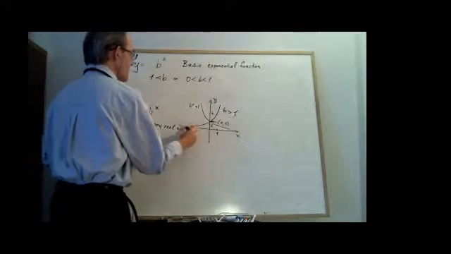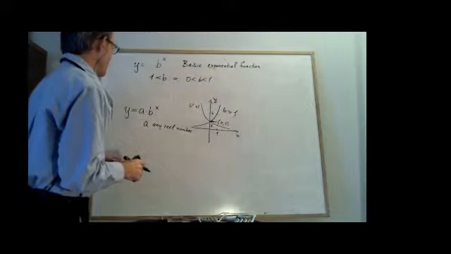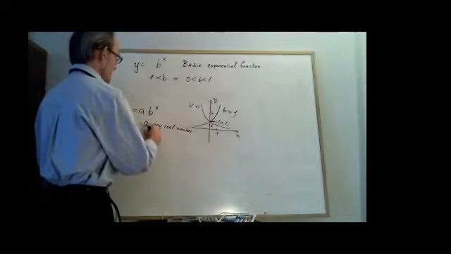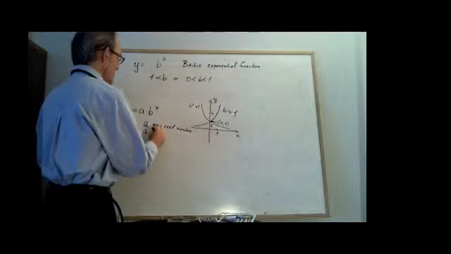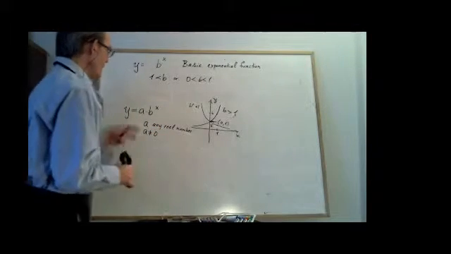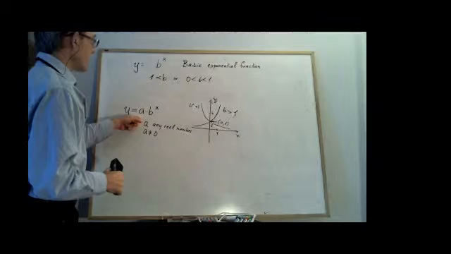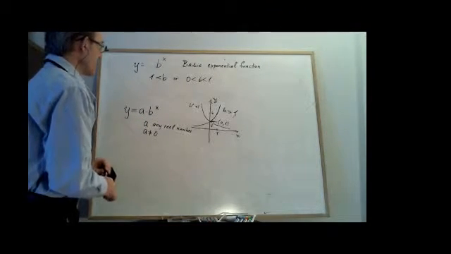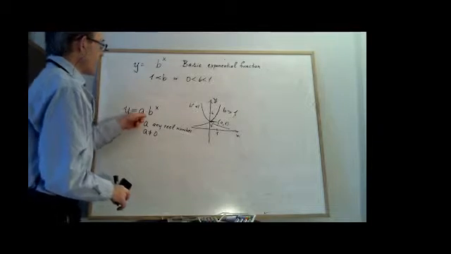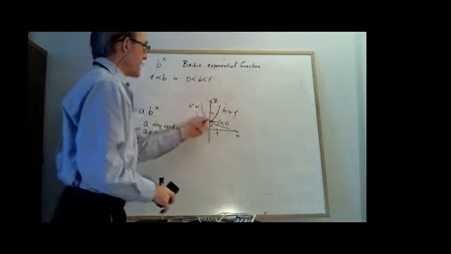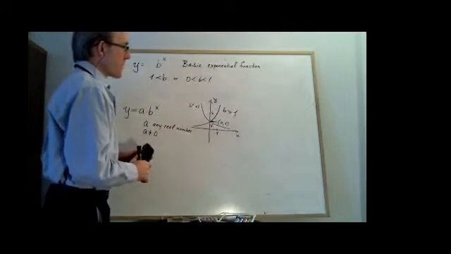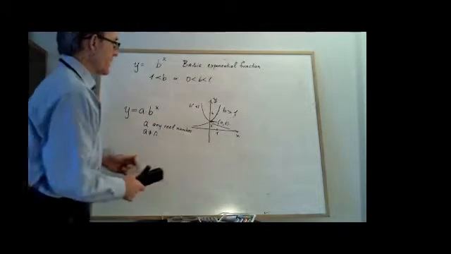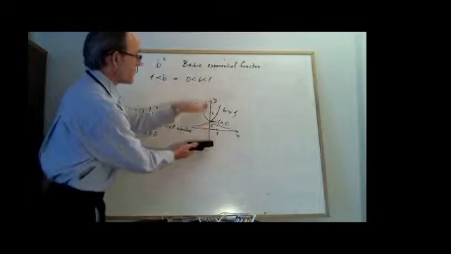To avoid getting a simple 0 function, a should be taken to be non-zero. But a can be positive valued or negative valued. What this results in, when you multiply by a, is a stretching of the graph or possibly compression of the graph in the vertical direction, in the y direction.